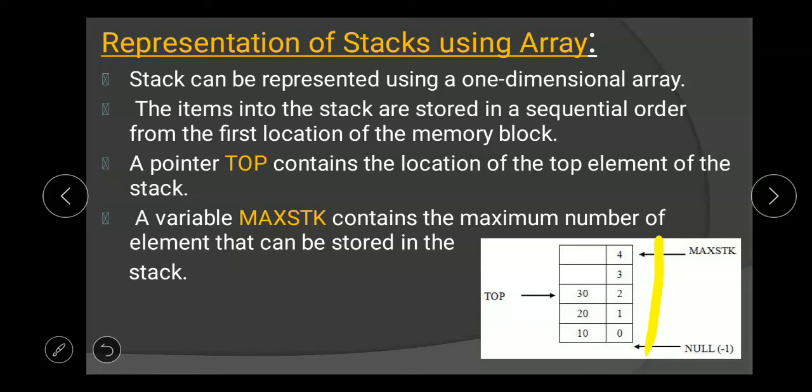This is MAXSTK. The maximum number of elements is 4, but we have only 3 elements here, 10 20 30. Here the top element will be 30. This is the null point, this is the MAXSTK point, and this is the top point.